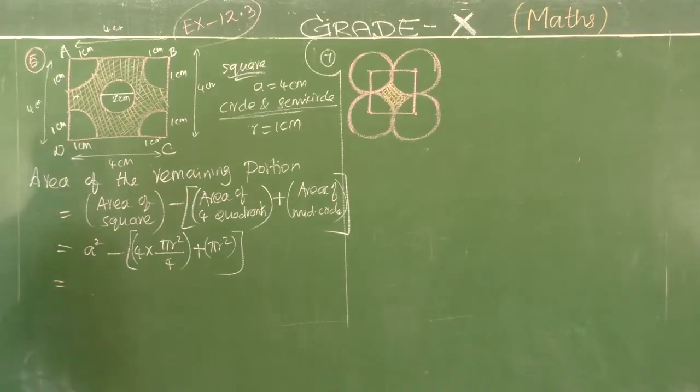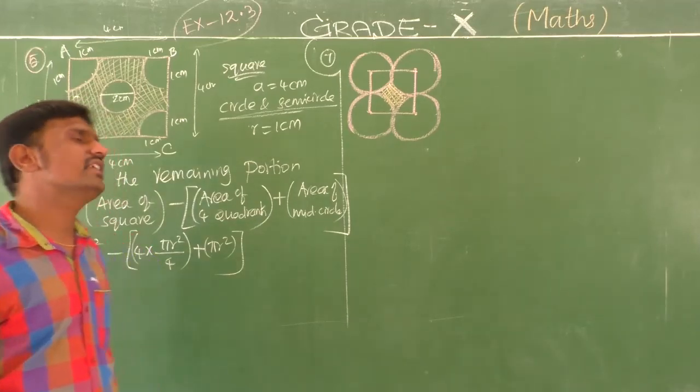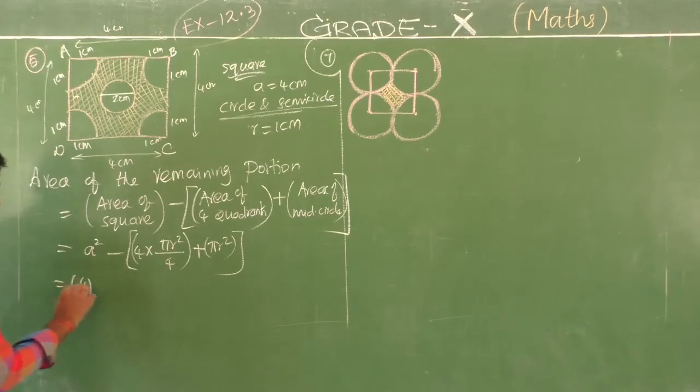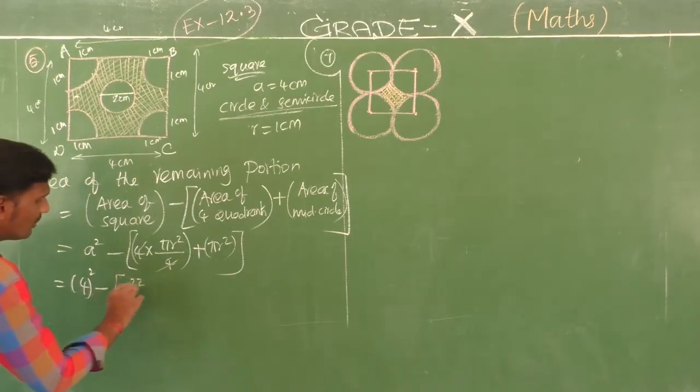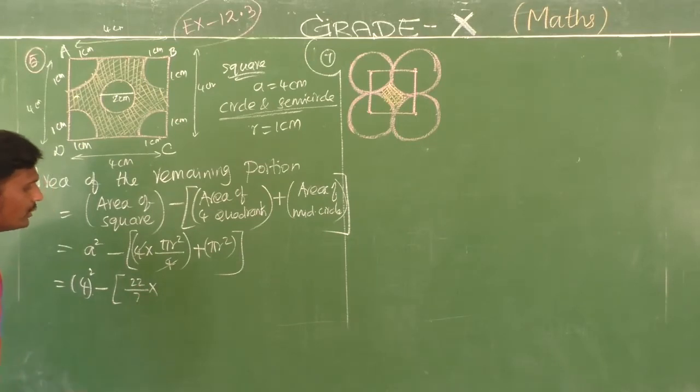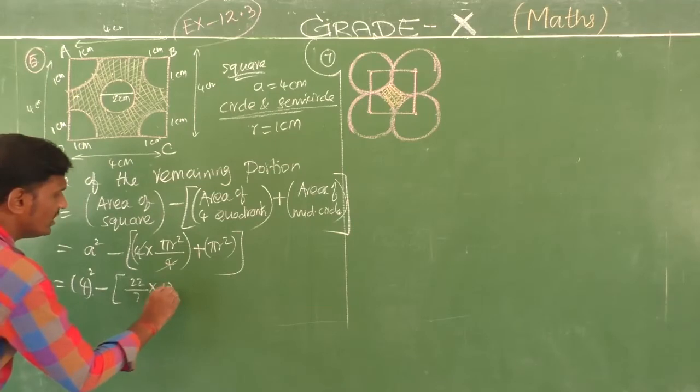Now the side of the square is 4 centimeter, so 4 into 4 minus 4 into pi r square by 4, where the 4s cancel. The value of pi is 22 by 7 into radius 1 into 1.